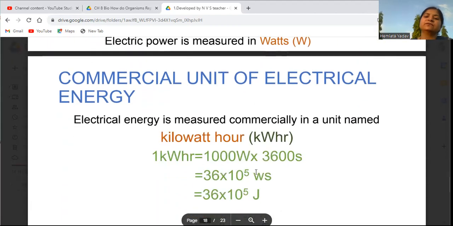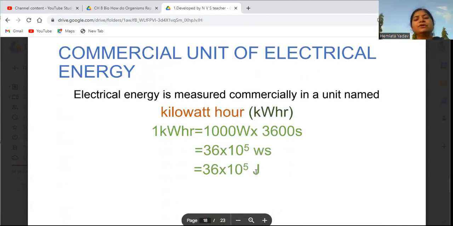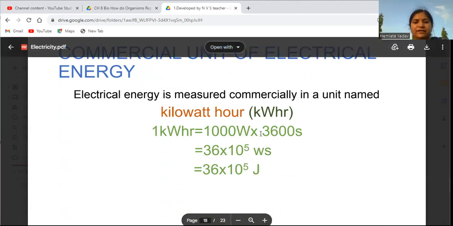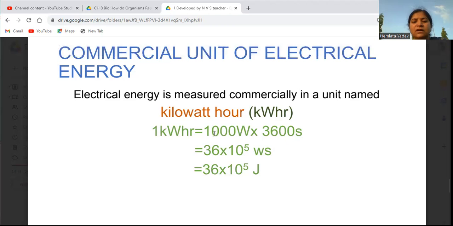What is the unit of power? The commercial unit of electrical energy is kilowatt hour, kWh. 1 kilowatt hour is 1000 watt into 3600 seconds, which is 36 into 10 raised to power 5 watt second, or we can also write 3.6 into 10 raised to power 6.